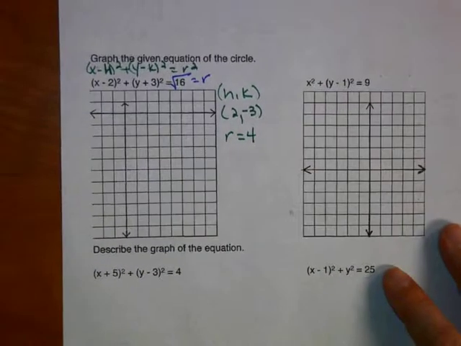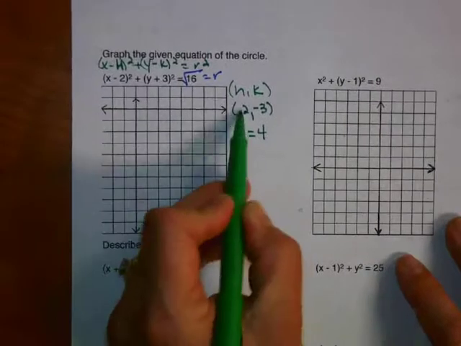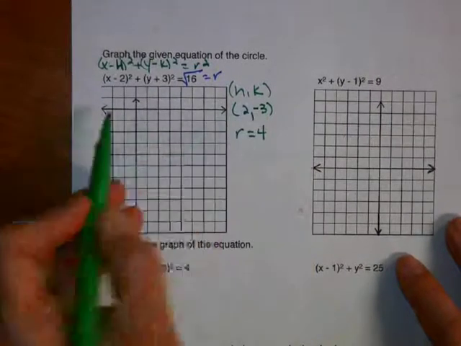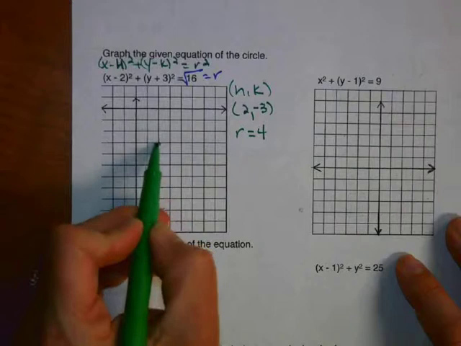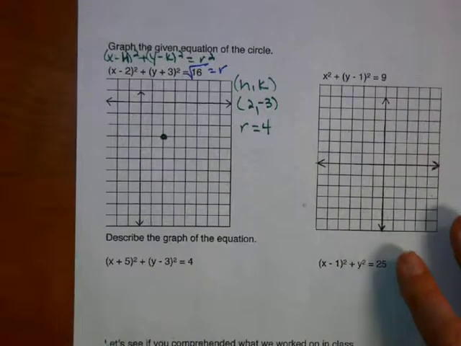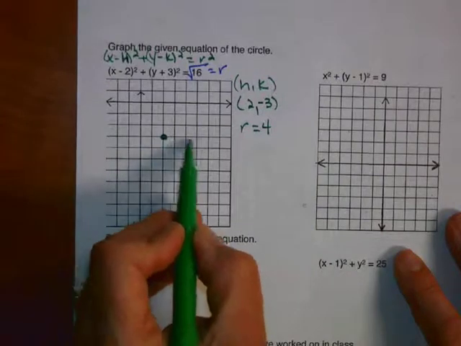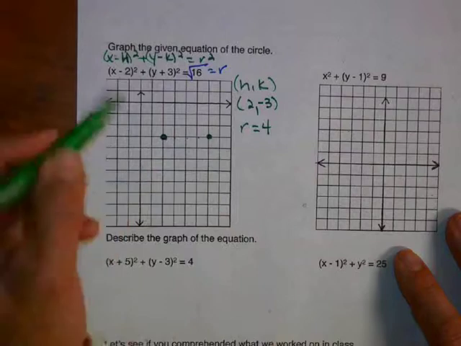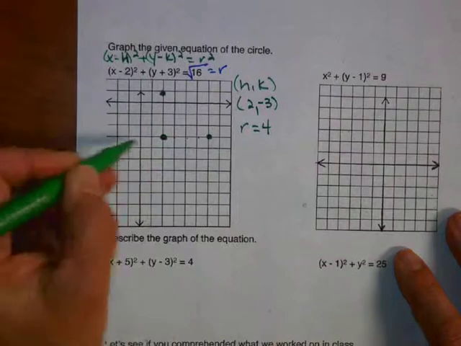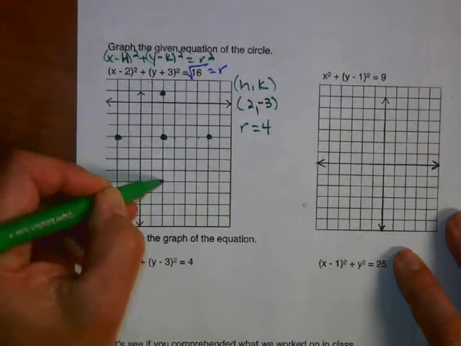So now we graph it. So graph the center point. You go over 2, down 3. There's the center point. And then we know the radius, so we just go 4 over from the center. 1, 2, 3, 4. We can go up 4. We can go left 4 because it's the radius, and down 4.